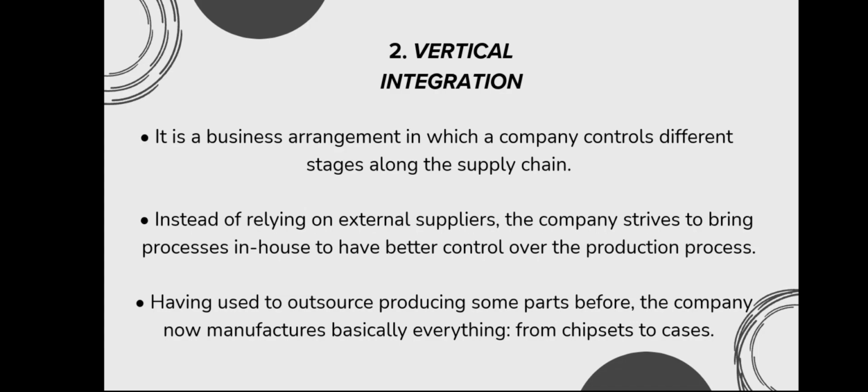So, vertical integration happens when a company owns more than one stage of the supply chain, like making, packaging, shipping, or selling. In vertical integration, the company takes control of different steps in the production and selling process, from making a product to delivering it to customers.